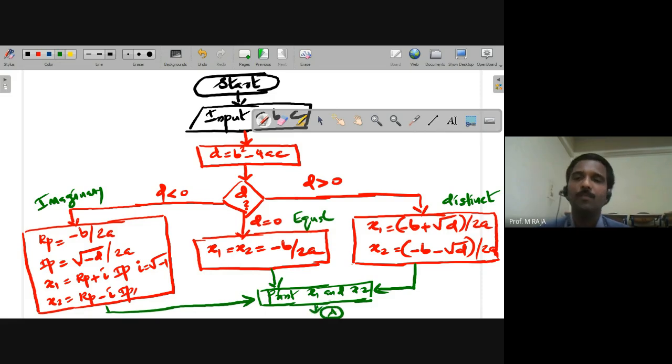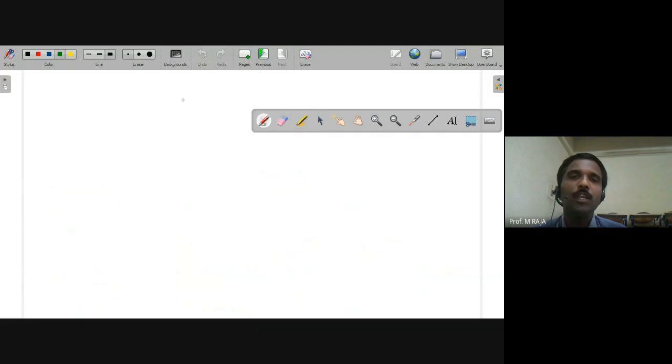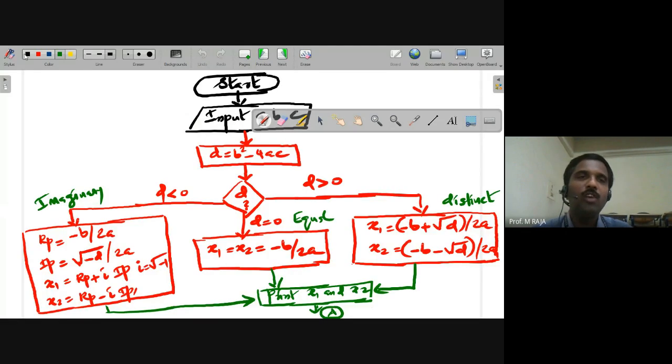Flow is given to A. So in the next page, starting from the flow A, our print x1, x2 can be put in the box A. Then here I write stop. That's all. This is the flow chart to solve the quadratic equation.